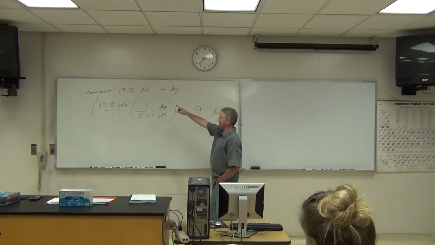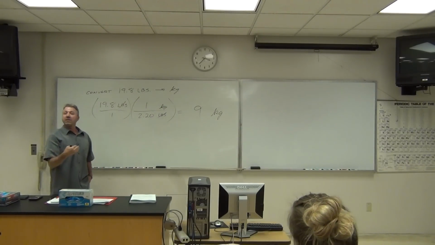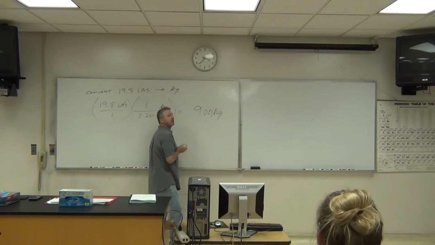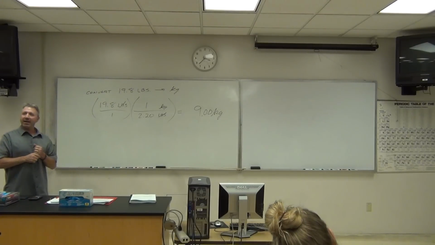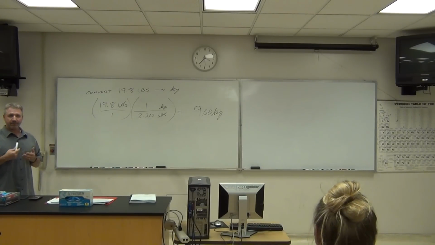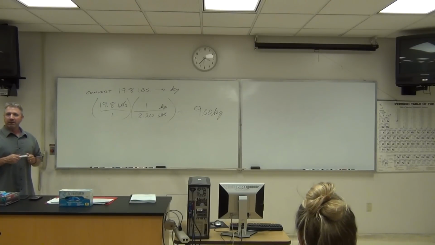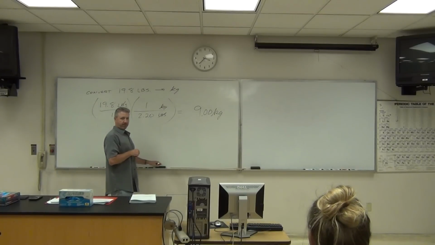There's 3 significant digits here, right? You can't lose that accuracy just because you did a conversion, right? Got to keep that accuracy. 9.00, very good. Everybody see that? Okay. Everybody good?